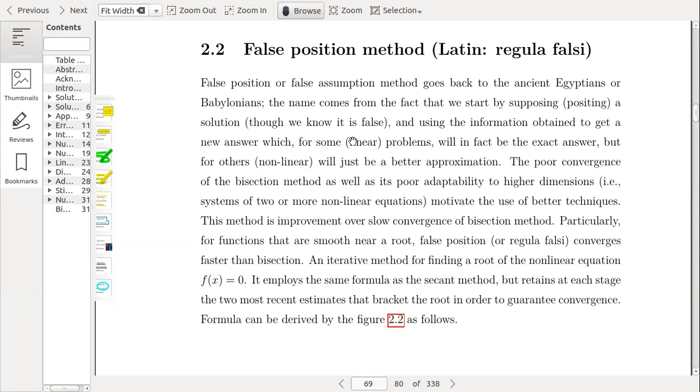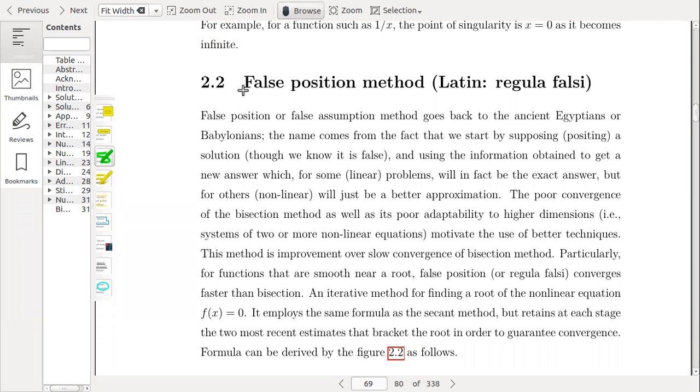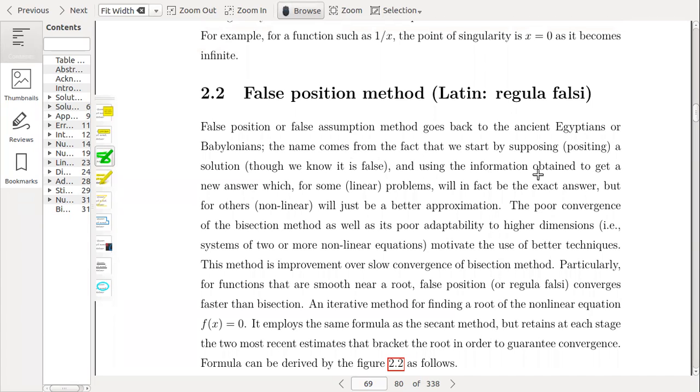Hello. So in this lecture, we discuss the false position method. In Latin, it's called Regula Falsi method. The false position or false assumption method goes back to the ancient Egyptians or Babylonians.